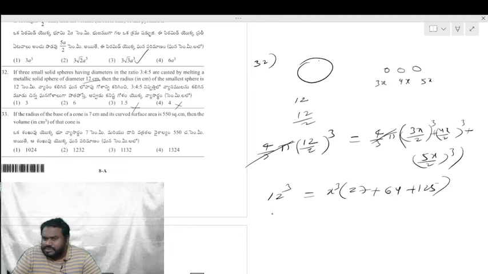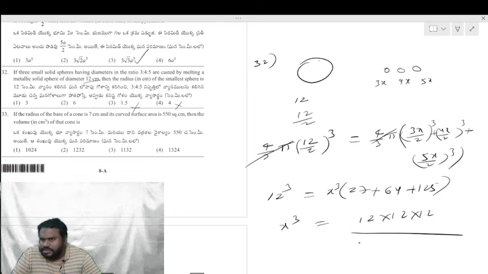So x cube is equal to 12 into 12 into 12 divided by 27 plus 64 plus 125, which is 216.